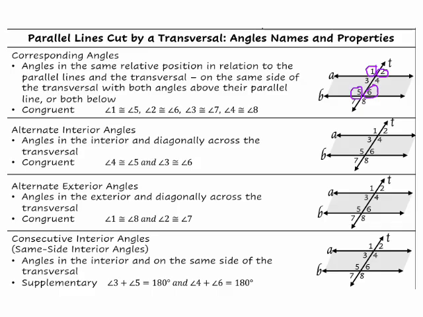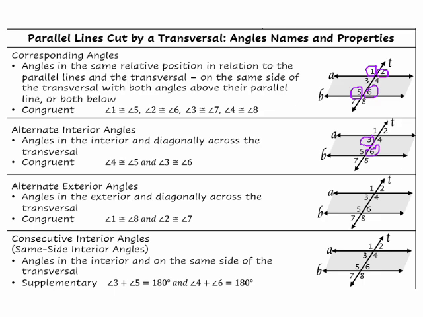Next, we have alternate interior angles. Alternate interior angles are angles that are diagonally across from each other, and they're inside of the parallel lines. For example, 3 and 6 are inside of the parallel lines, but they are diagonal from each other. 4 and 5 have the same relationship.